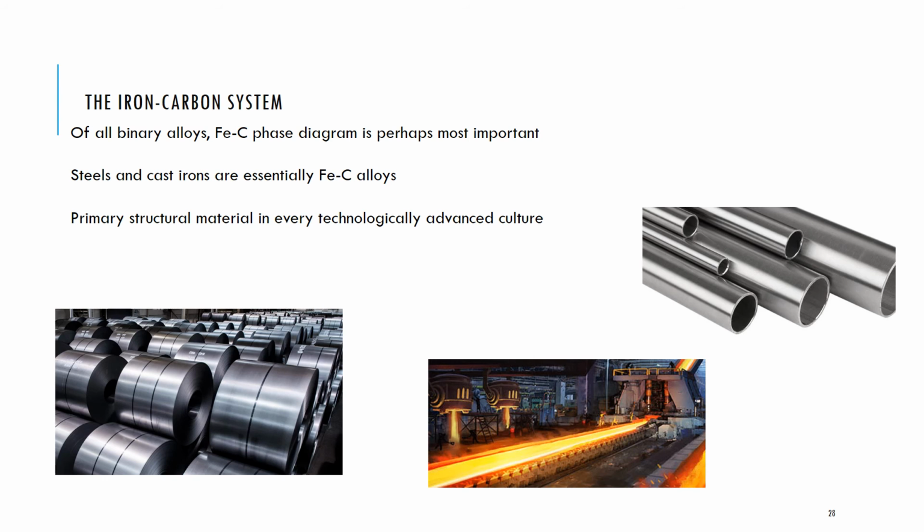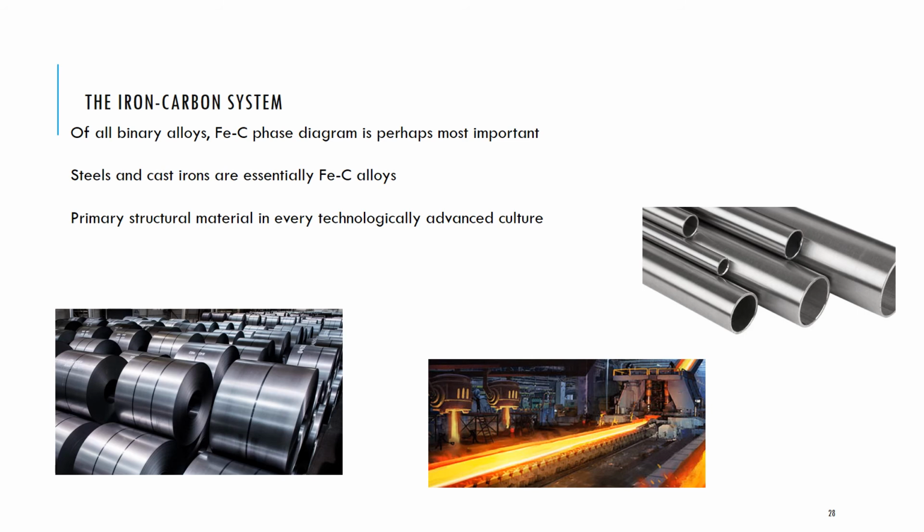Now, something that we do need to pay very special attention to is the iron-carbon system, and that's because steels and any cast iron are all iron-carbon alloys. So of all the phase diagrams we look at, the iron-carbon phase diagram is probably the most important. And that's because we build so many things out of steel and cast iron.